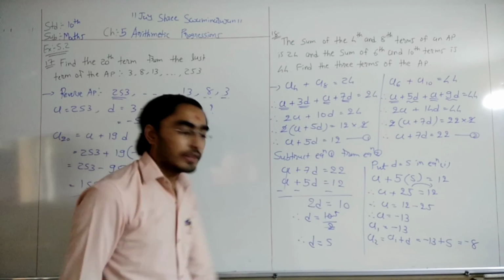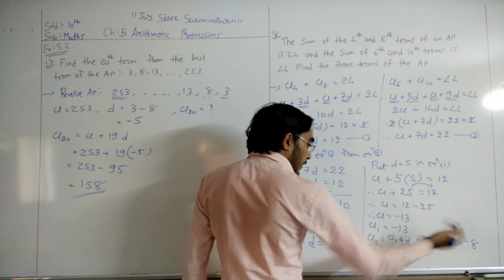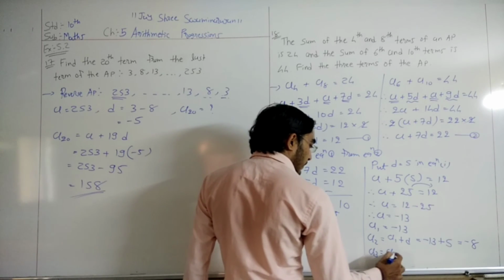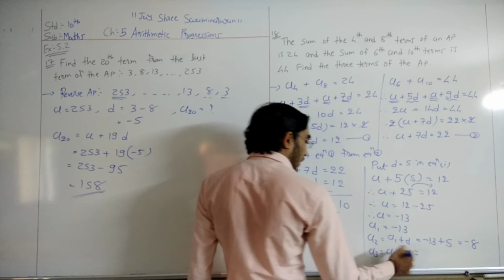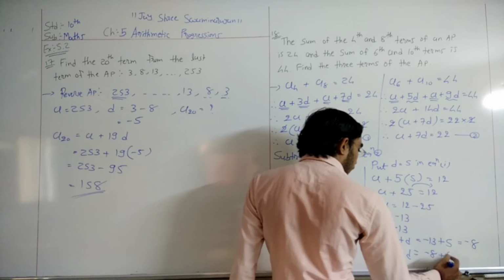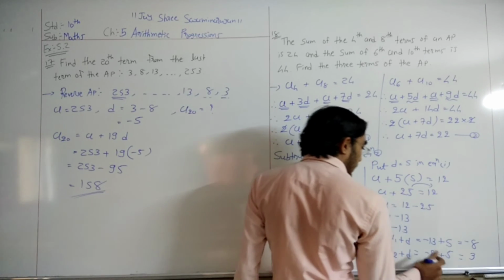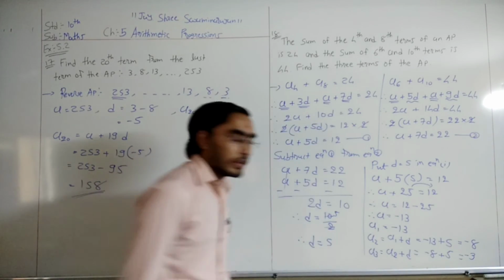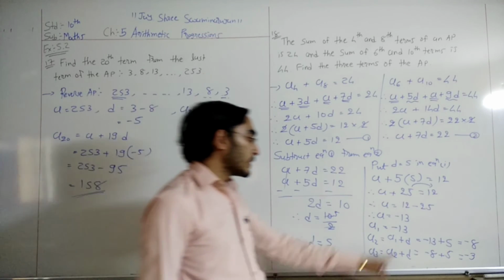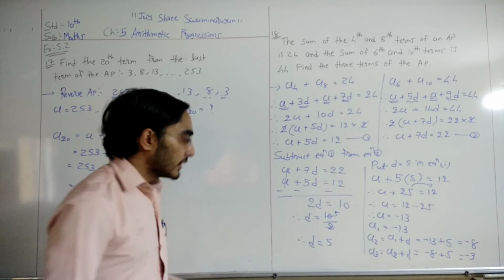The third term a3 is a2 plus d. Every time we add the common difference d. So a2 is minus 8 plus 5, which is minus 3. So our first three terms are minus 13, minus 8 and minus 3.